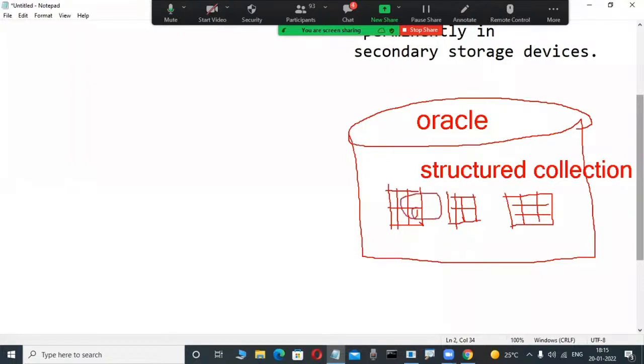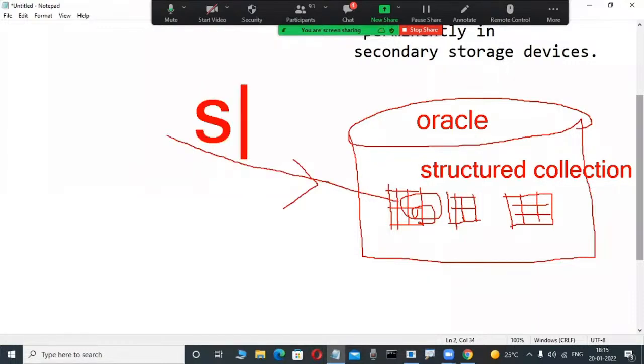Once a structured collection of data is there, to operate on this data some language is required. What is that language? Maybe anybody has an idea? SQL, Structured Query Language. Through this language we operate on the structured data in relational databases.